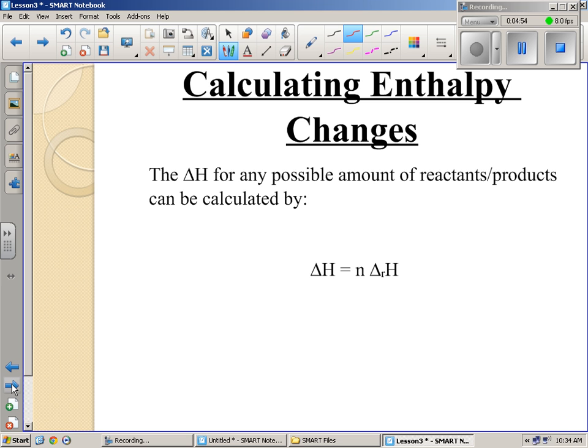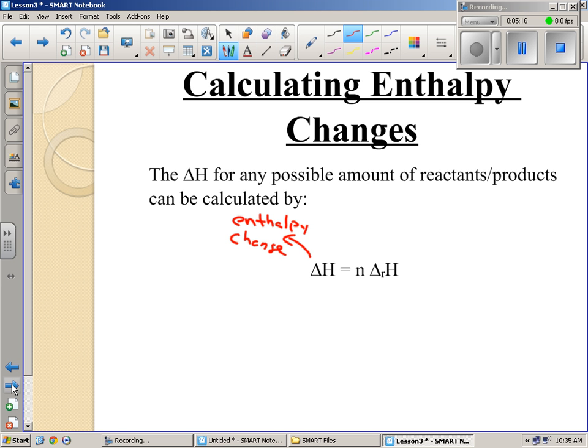Now, we're going to get back to that in a second here, but before we do that, we're going to look at this little formula here for us. Delta H. So remember, delta H refers to the enthalpy change. This is the thing that you would find at the end of the equation, the delta H notation, or a term within the equation.